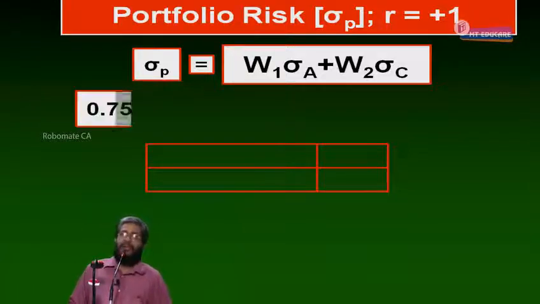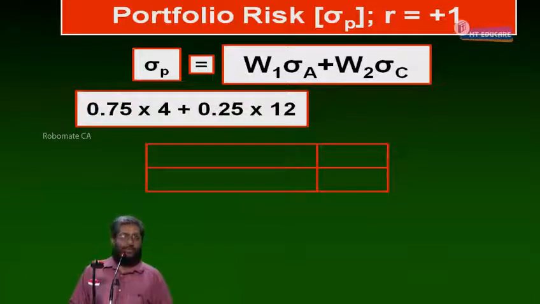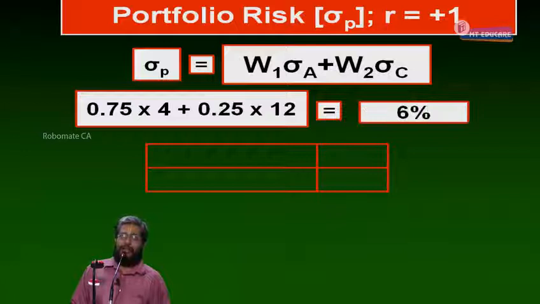Now, 0.75 into 4 plus 0.25 into 12. What is the standard deviation of the portfolio? 6%. Standard deviation of the portfolio is 6%.